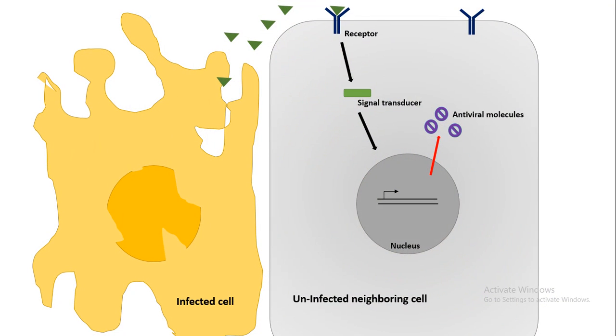Interferons secreted from a virally infected cell bind to an interferon receptor. Interferon receptor signaling gives rise to specific gene transcription, which ultimately produces antiviral molecules, and that in turn saves the neighboring cells from further virus infection.